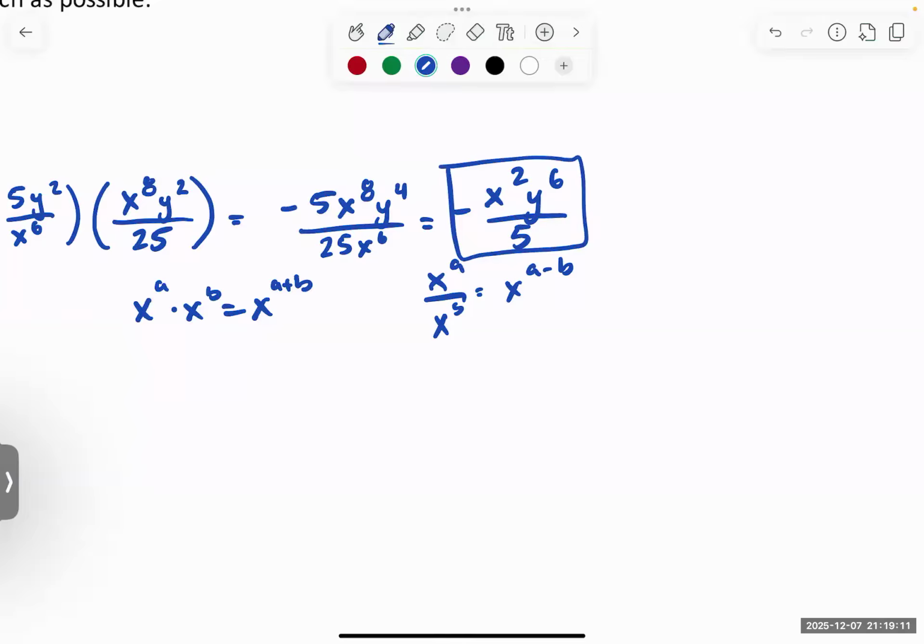And that's because x to the power 8 divided by x to the power 6 is going to be x to the power 2. Whoops, that's y to the power 4. Super. And then negative 5 over 25 is a fifth.